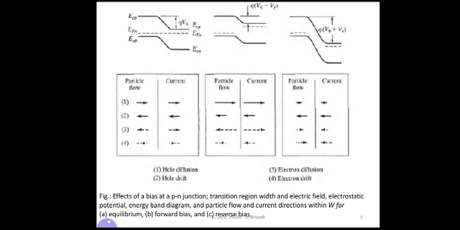This figure shows the effect of bias on a PN junction: the transition region width and the electric field, electrostatic potential, energy band diagrams that we have seen, and the last one is the particle flow and the current direction within the width W for all three conditions, that is equilibrium condition, forward bias condition and reverse bias condition.